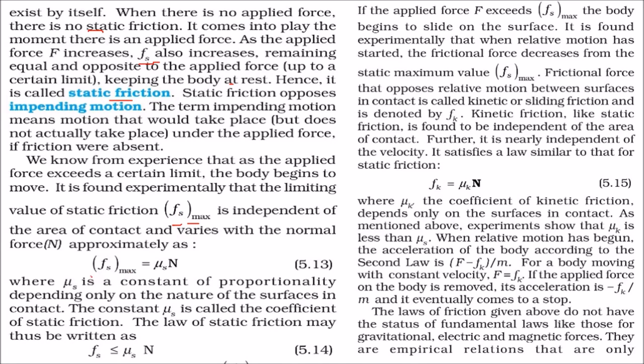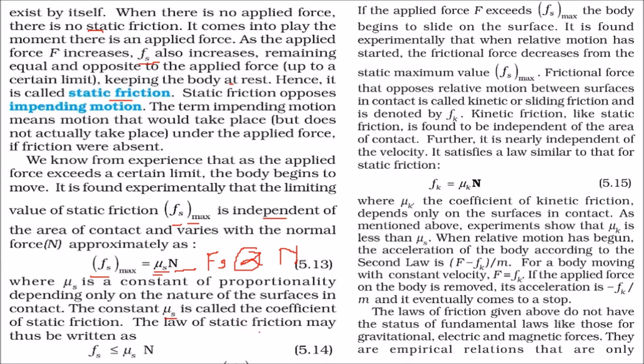Fs max is, first of all, independent of the area of contact, but it varies with the normal force. So it is directly proportional to N, the normal force. You can say Fs is directly proportional to N, so this proportionality sign can be changed to mu s. This is the constant of proportionality, and we call mu s the coefficient of static friction.